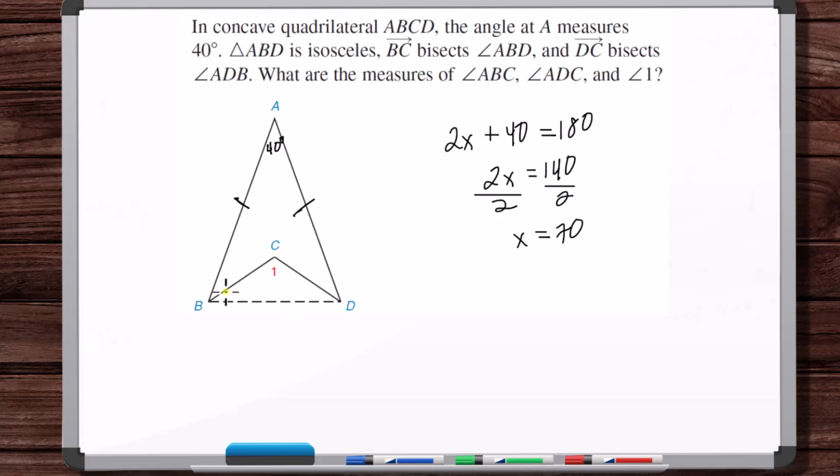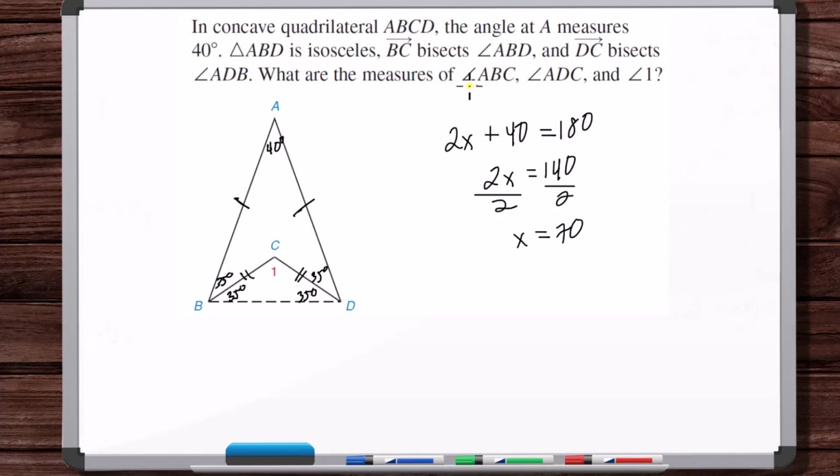But they tell us that BC bisects ABD, and so does DC. So that means this is 35, this is 35, this is 35, and this is 35. Now what we can see from here is that triangle BCD is isosceles with these two base angles, so these two sides are congruent.